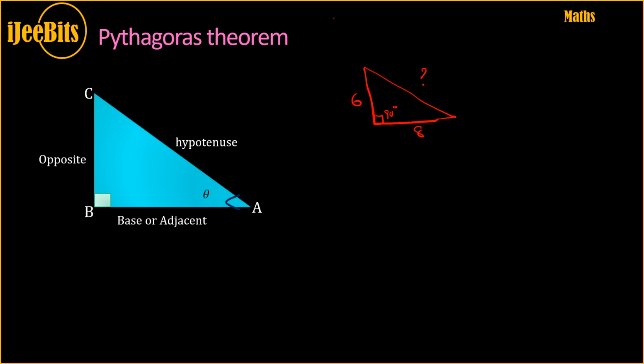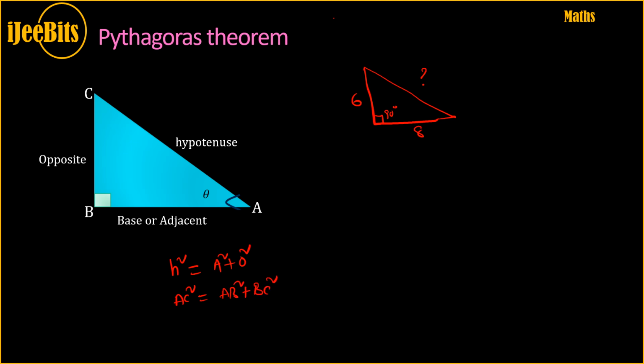As per Pythagoras law, hypotenuse square equal to adjacent square plus opposite square, isn't it? So AC square equal to AB square plus BC square.